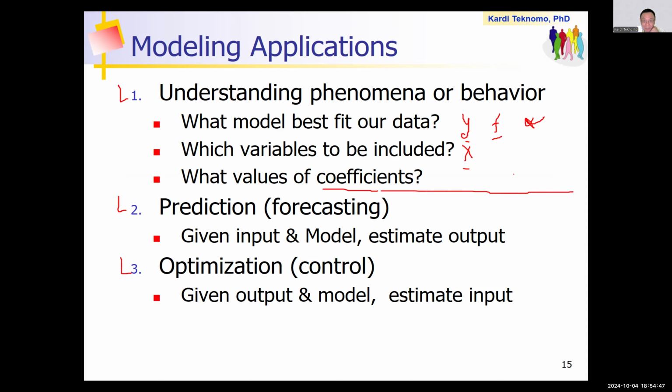That is what we have. Basically, you will have something like this: Y is equal to a function of X, comma, alpha. So understanding phenomena is important. This is the first step, but not enough.